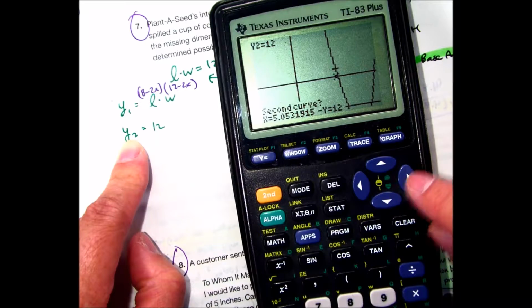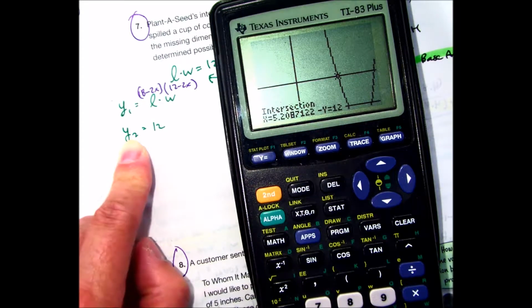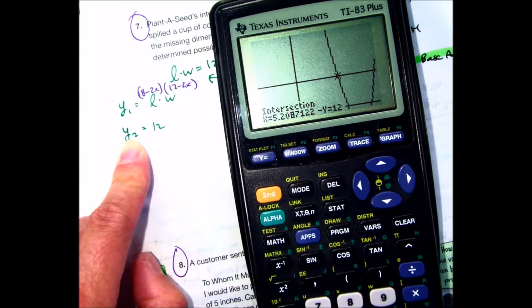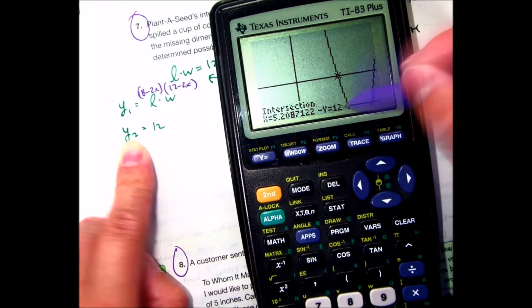Left side, second one. So 5.21 is my x value, and then my y value is 12.